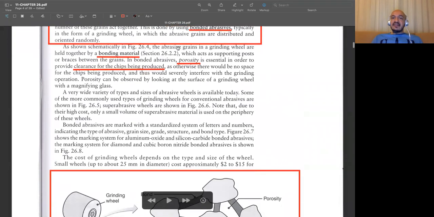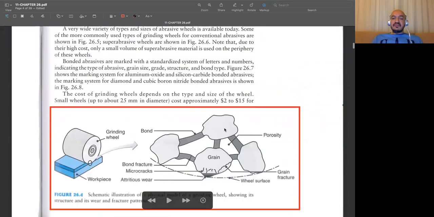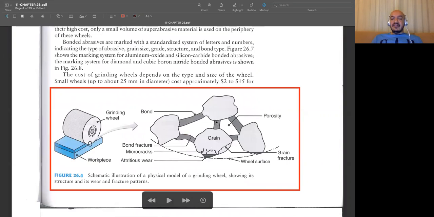Another issue about the wheels is that we need to have some porosity in between these grains. They are highly useful, since while we are doing abrasive machining, some little chips will be generated, and we will use these porous regions to store these chips, like in the case of broaching and sawing processes.